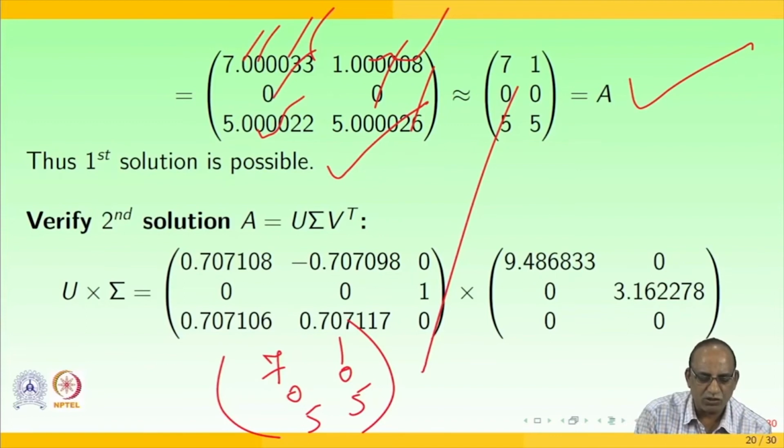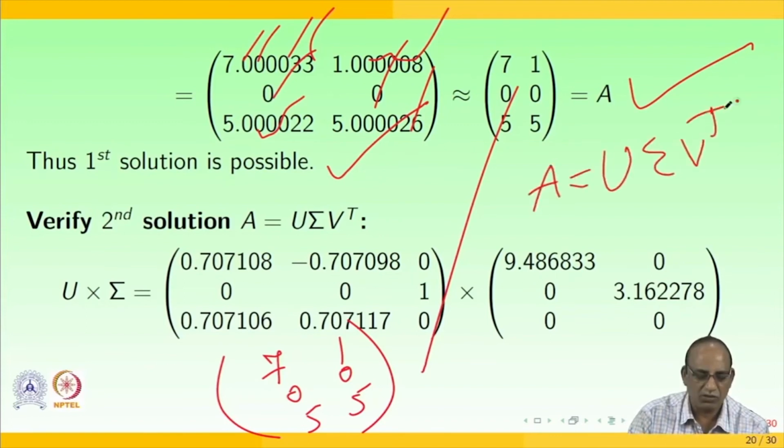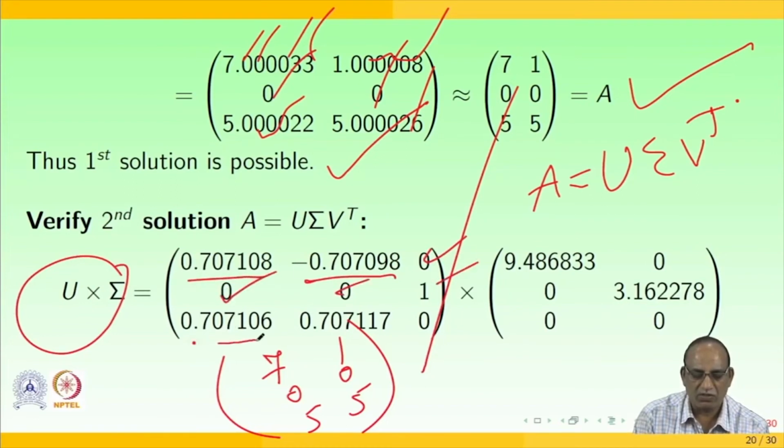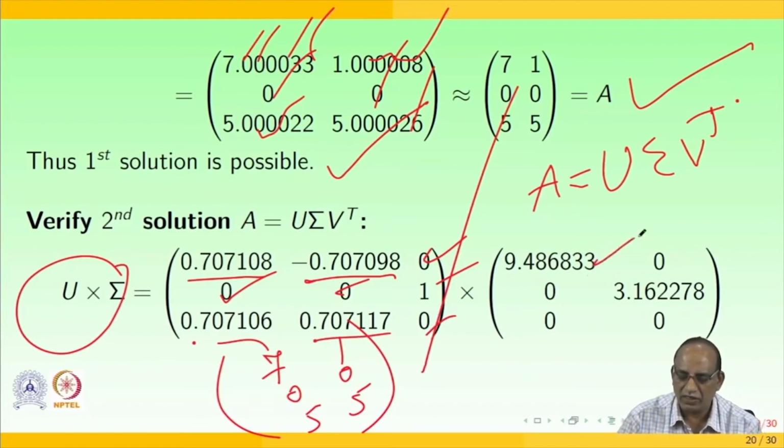When it comes to the second solution, that is A is equal to U times sigma V transpose, that is U cross sigma is 0.707108, minus 0.707098, 0, 0, 0, 1, 0.707106, 0.707117, 0, multiplied with sigma, that is 9.486833, 3.162278, and rest are all zeros.